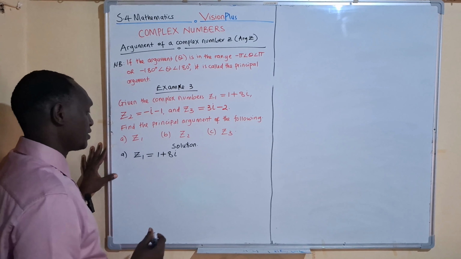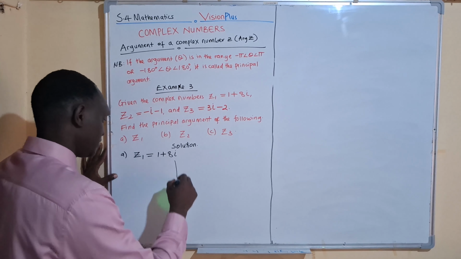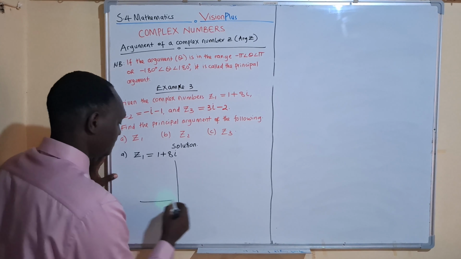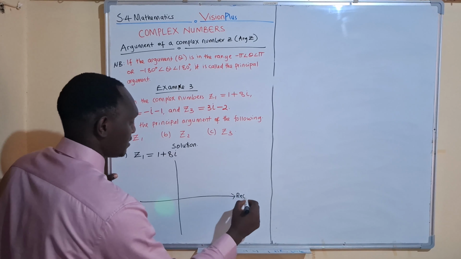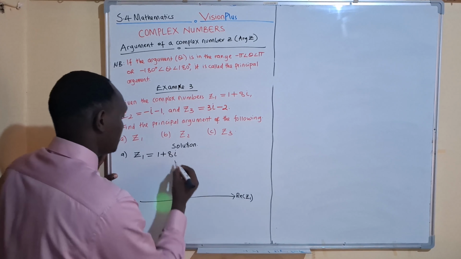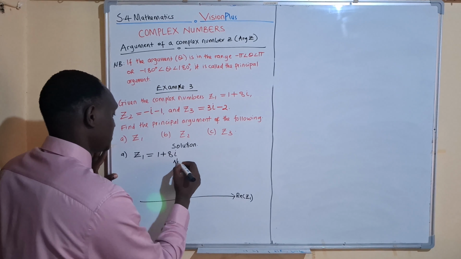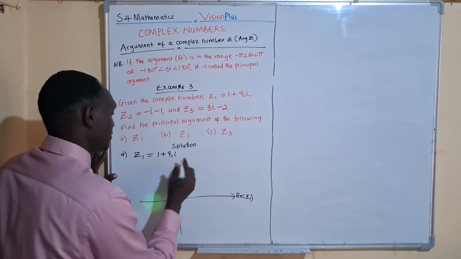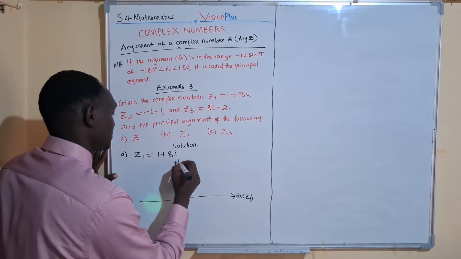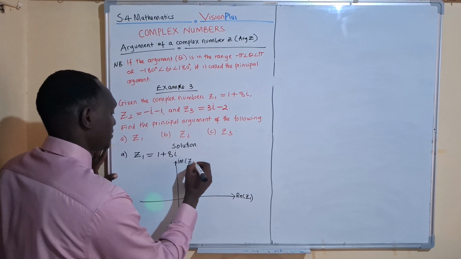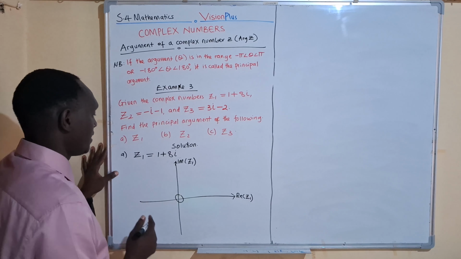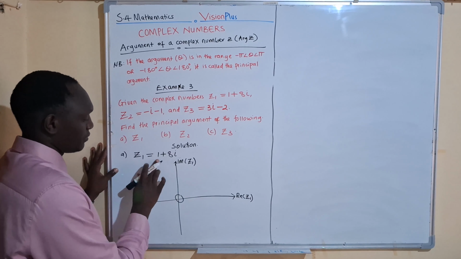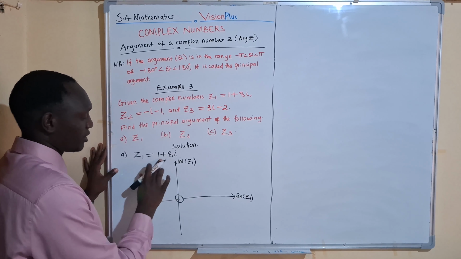So we start by drawing the Argand diagram to illustrate the complex number. This is the real axis of the complex number z1. This is the imaginary axis. This is the origin. Now we have 1 and 8, both are positive.